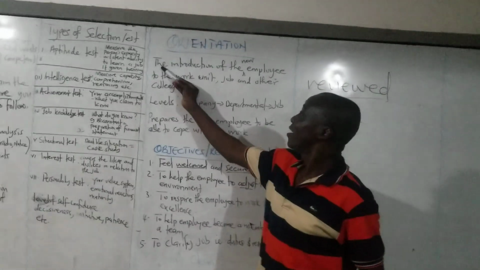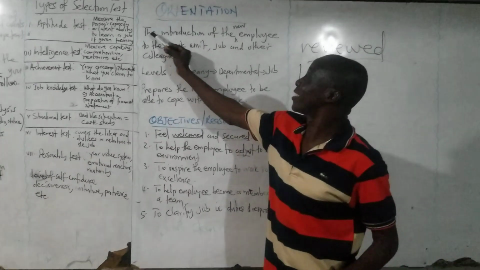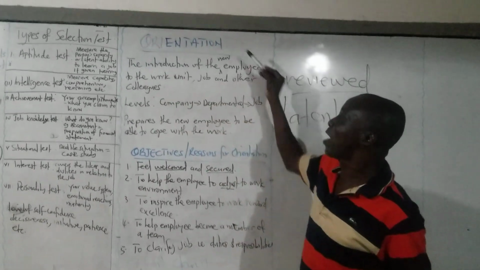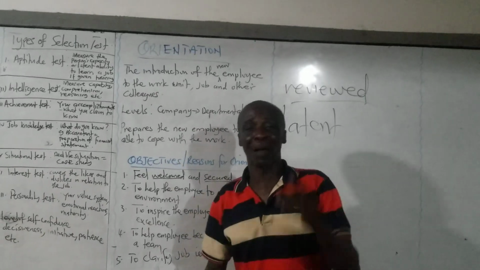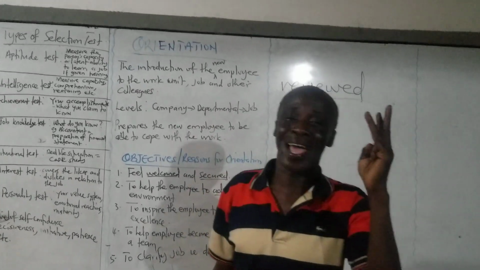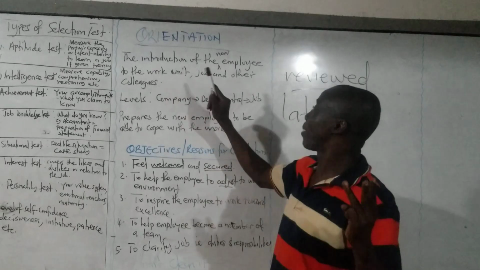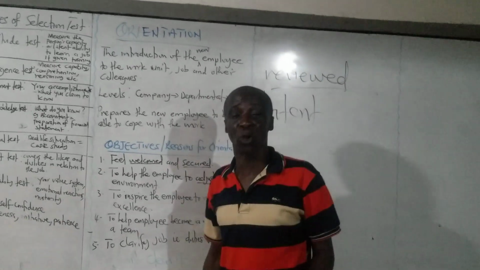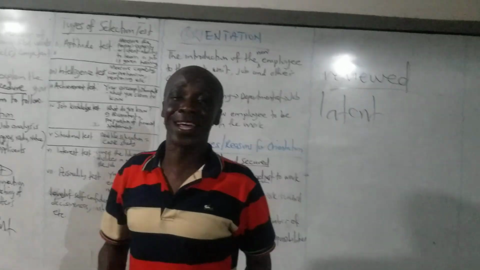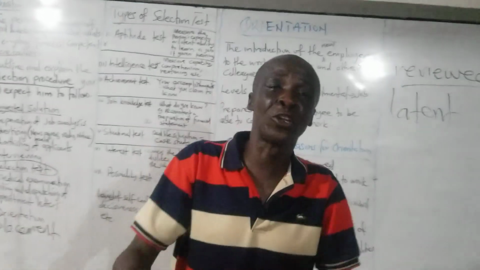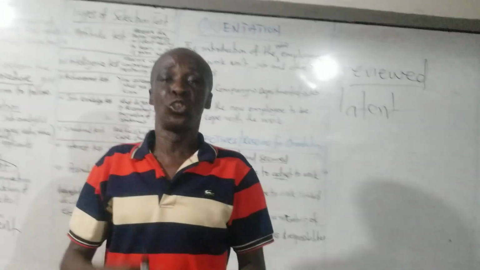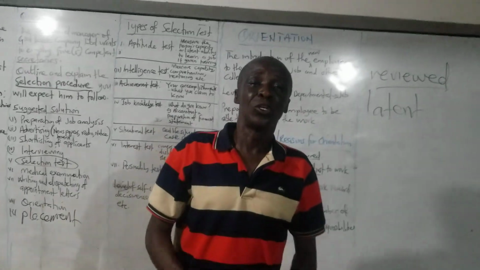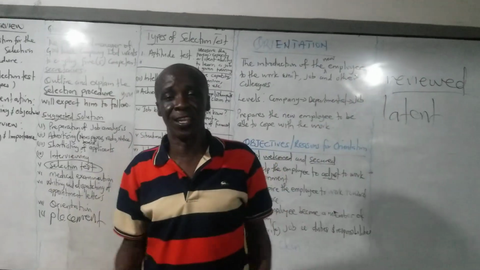So I said orientation is the introduction of the new employee to, number one, his or her work unit, number two, his job, and number three, to other colleagues. So when you go to any organization, you'll be introduced to your work unit, you'll be introduced to your job, you'll be introduced to other colleagues.